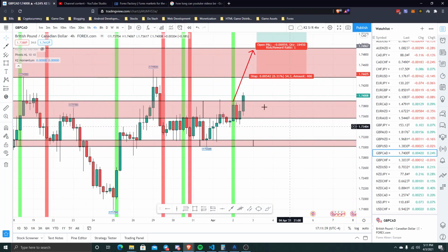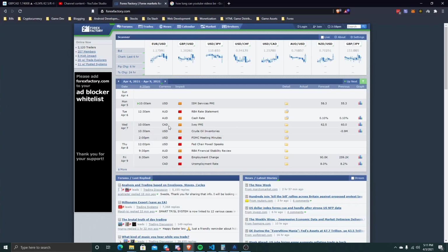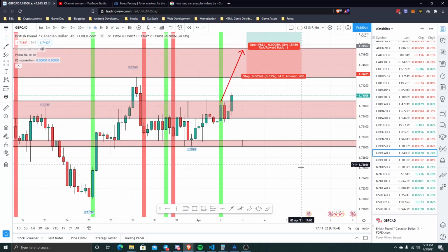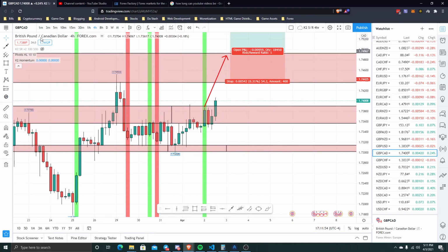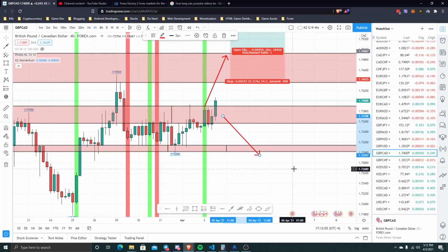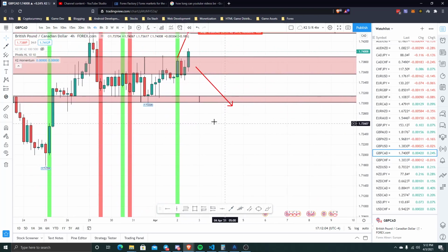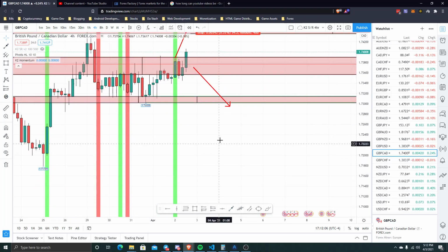Now, let me see if there's any CAD news. Like I said, there's major CAD news, but that's not until like Wednesday and Friday. Now, if there's bad CAD news, then GBP is going to continue to go up. If there's good CAD news, then the GBP probably is going to weaken and go down here. Let's see where the next zone is for the bottom.